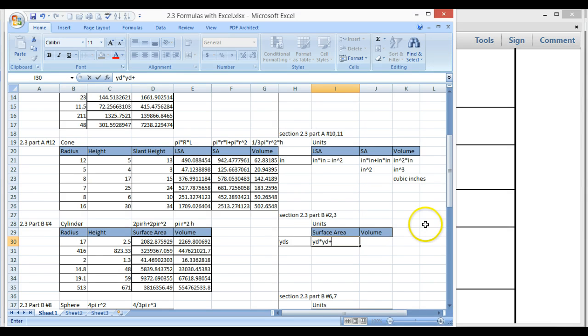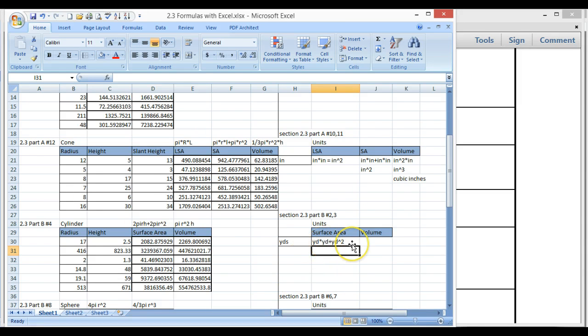Then I'm going to press add so that I can see the units on this side. 2 and pi again are unitless, I can ignore those, but here I have r squared, and because r is being measured with yard, the yards are also squared. Over here, yard times yard is yard squared. I can add yard squared and yard squared, which is good for my formula over here in finding my answer.